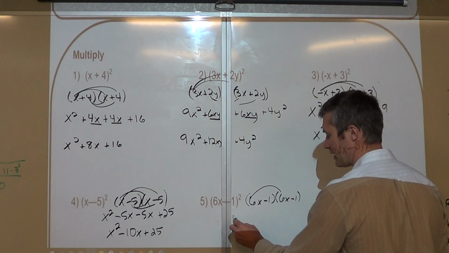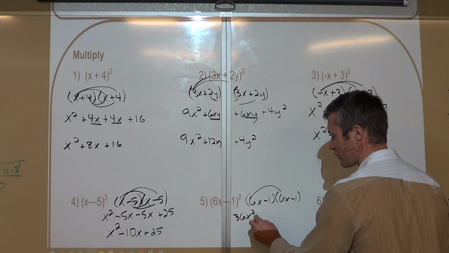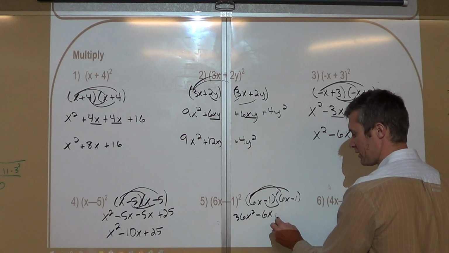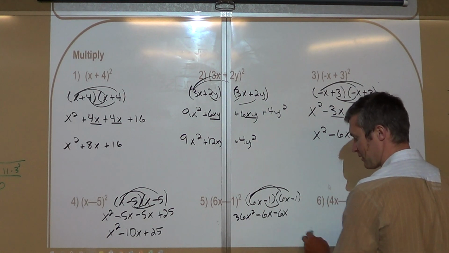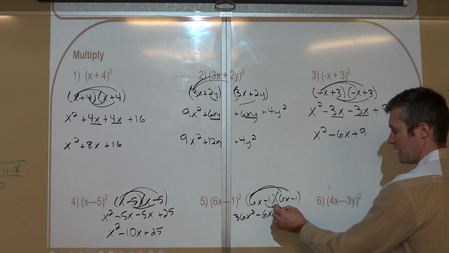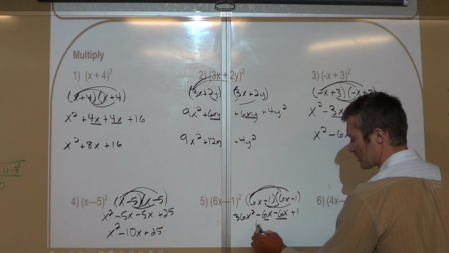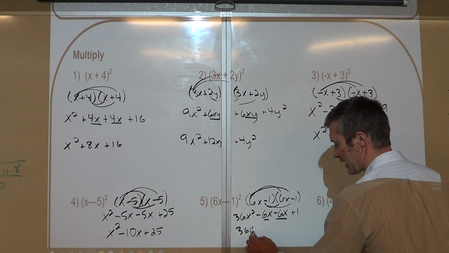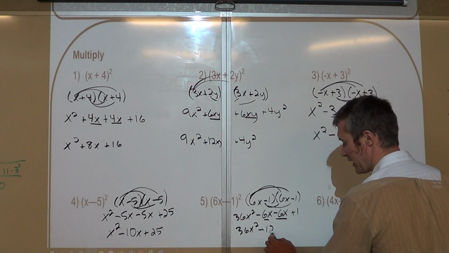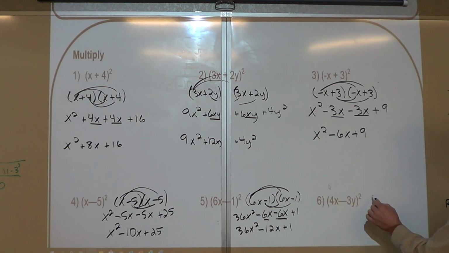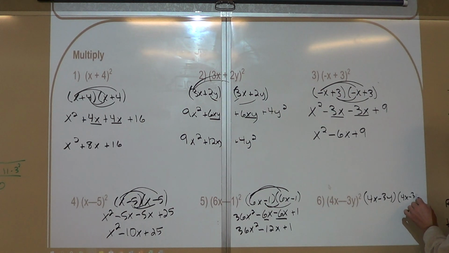I know it's kind of really repetitive going through this, so this would be 6x minus 1 times 6x minus 1. But I want to show you something in the end. 6 times 6 is 36x squared. 6 times negative 1 is negative 6x. Negative 1 times 6x is negative 6x. And then negative 1 times negative 1 is positive 1. These are my like terms, so it's 36x squared minus 12x plus 1. And then the last one, it's 4x minus 3y times 4x minus 3y.